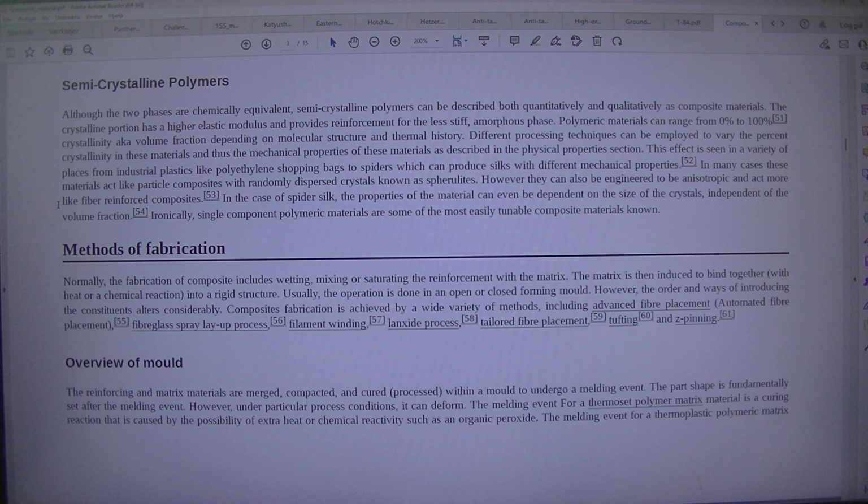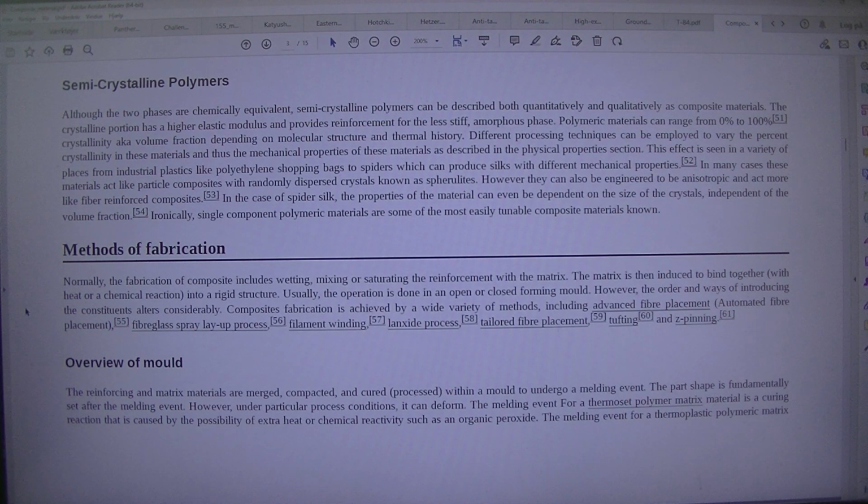However, they can also be engineered to be anisotropic and act more like fiber-reinforced composites. 53. In the case of spider silk, the properties of the material can even be dependent on the size of the crystals, independent of their volume fraction. 54. Ironically, single-component polymeric materials are some of the most easily tunable composite materials known.